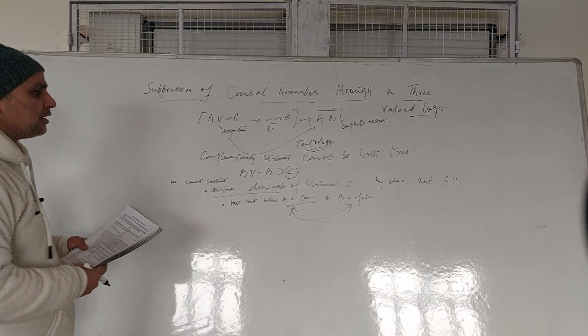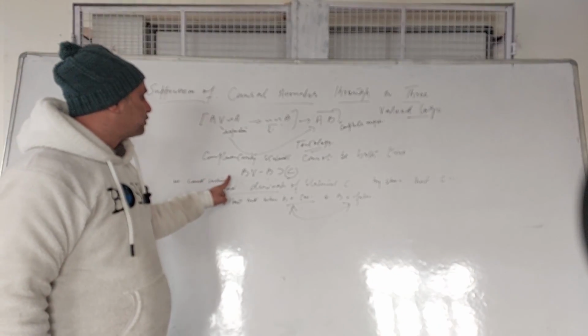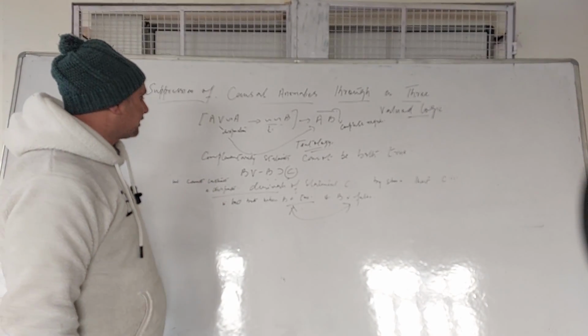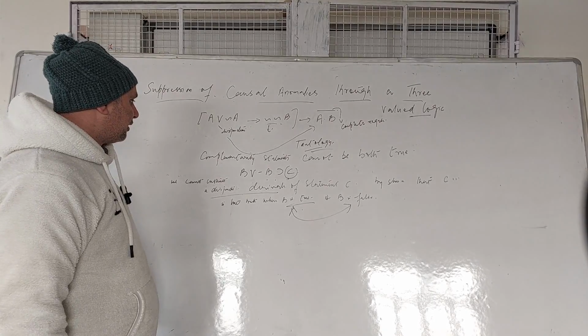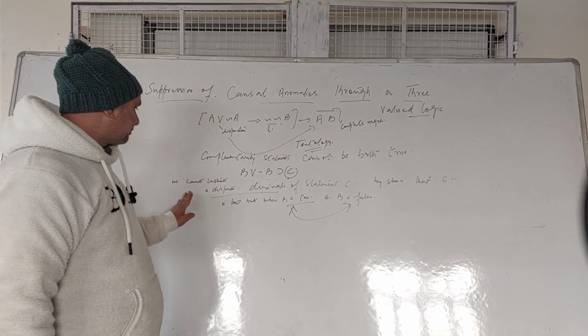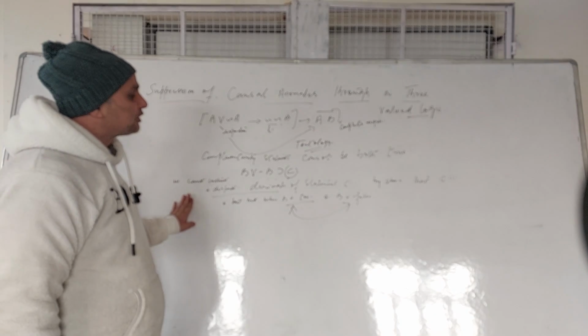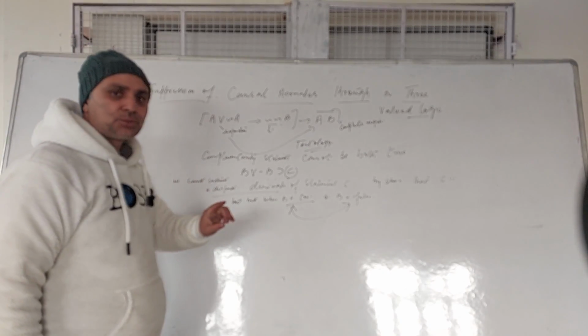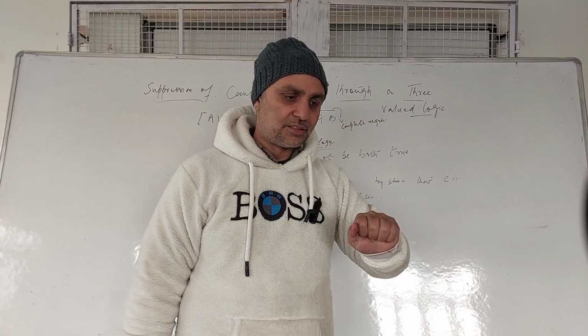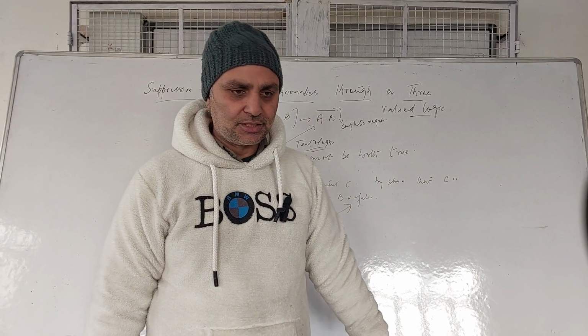So you can see that from three-valued logic, we can construct a disjunction of a statement which can be true and false, because one of them will lead to intermediate.